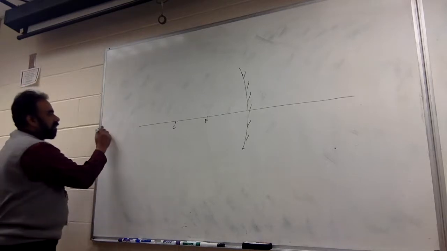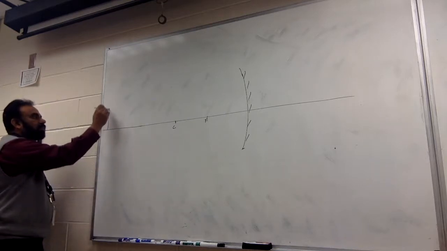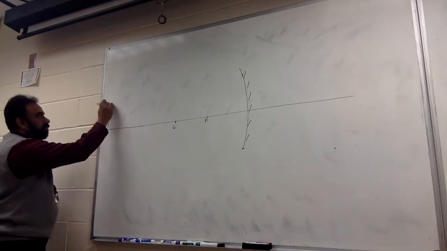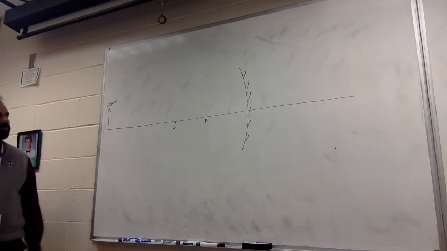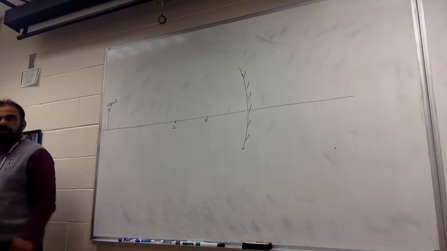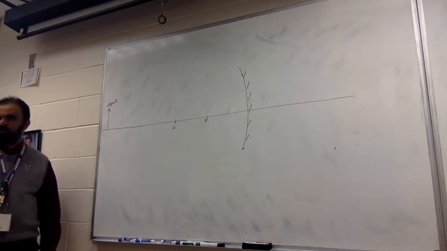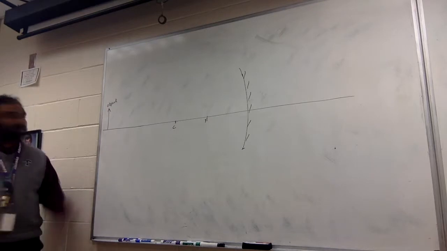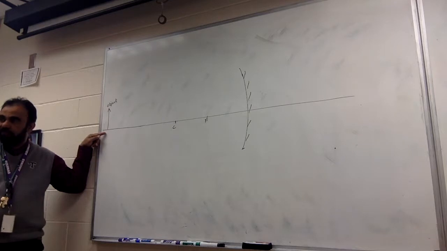If an object is far away on the principal axis, so the object is far away, how do you get the image? So here's the arrow. I need 2 rays to come from here, right? And 2 rays to come from the bottom.